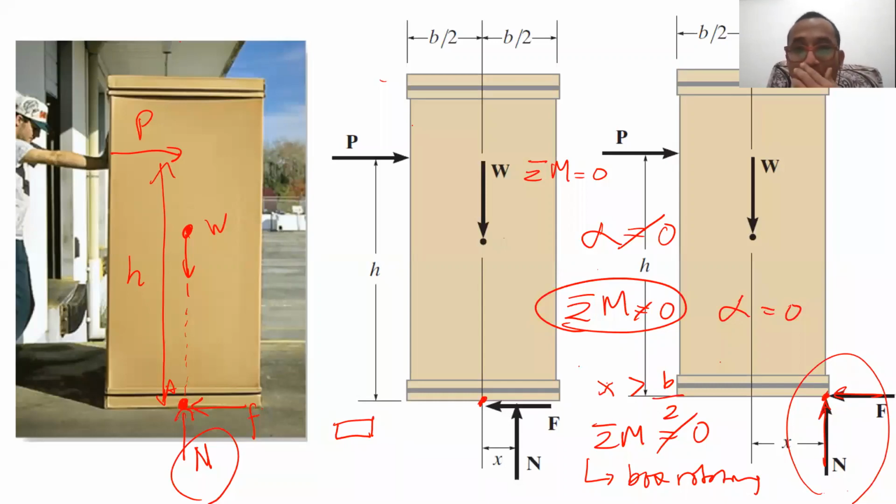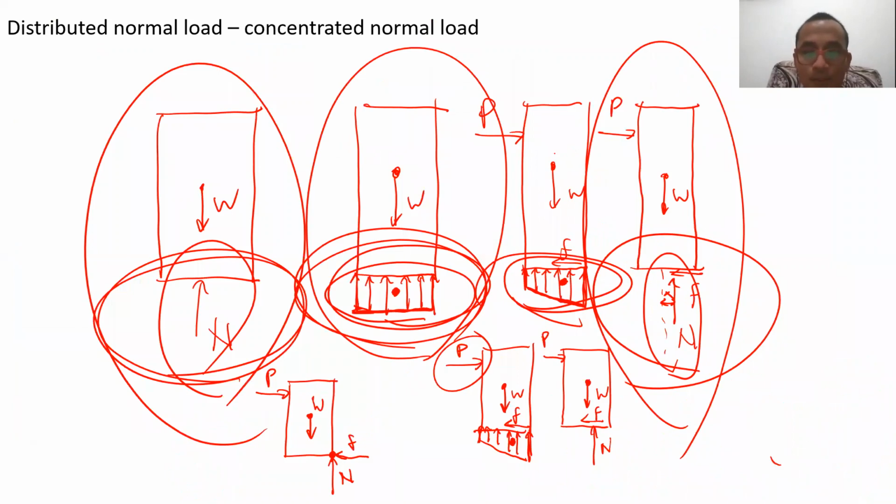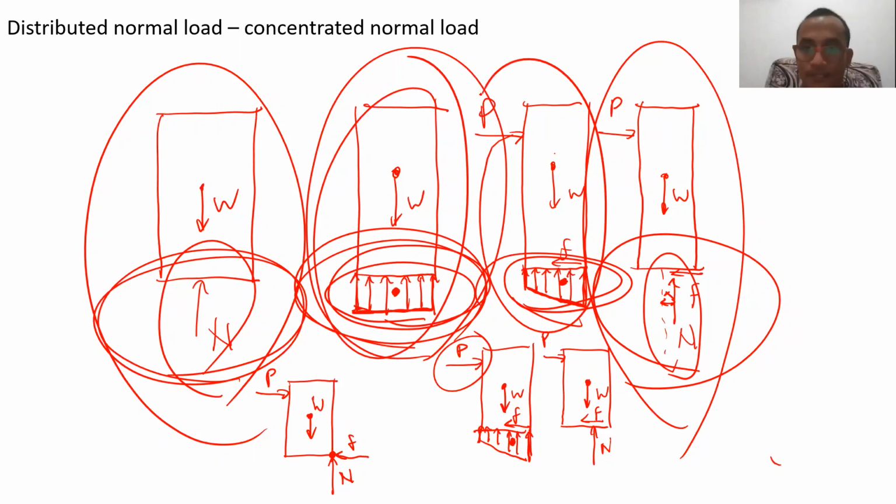So this is what you mean, right? It's supposed to be distributed like this. But remember, you don't have to draw it like what I draw here. If I don't want to simplify, I'm supposed to draw it like this, like this, like this.